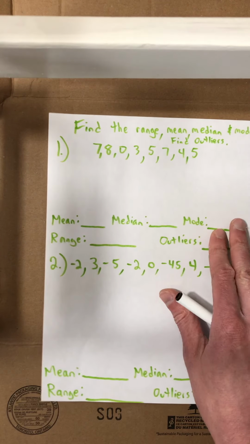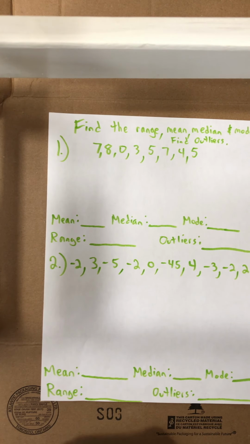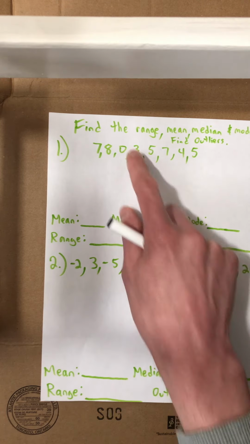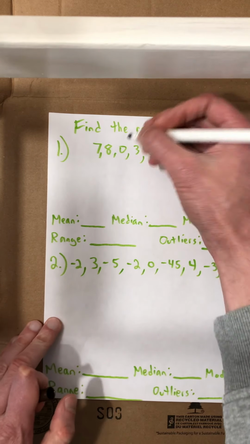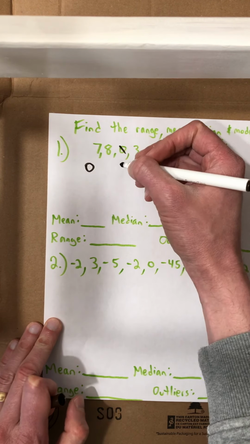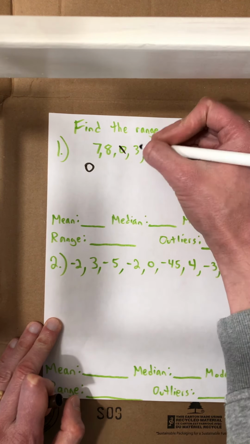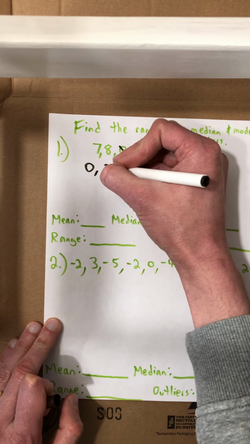Got two example questions. We're going to find the range, the mean, the median, the mode, and the outliers. So kind of like everything here. So first of all, if we're going to find any of these things, we should probably put the numbers in order first. So my lowest number here is 0. So I'm going to put that one first here. My next number here is going to be 3.